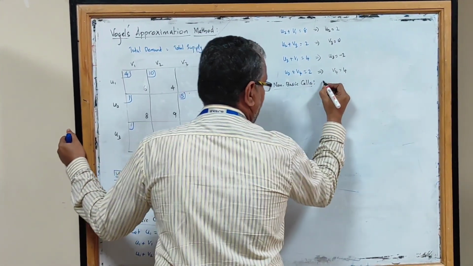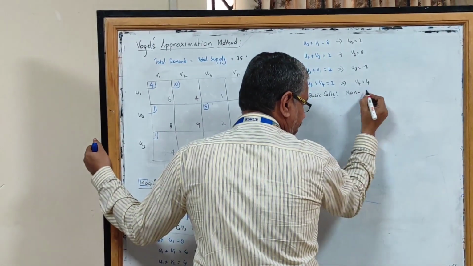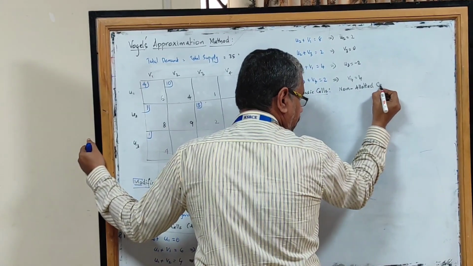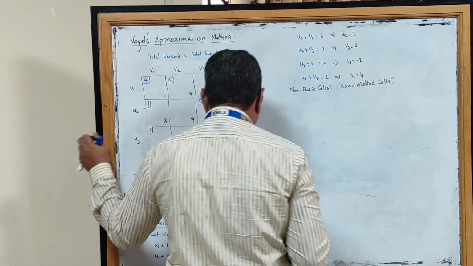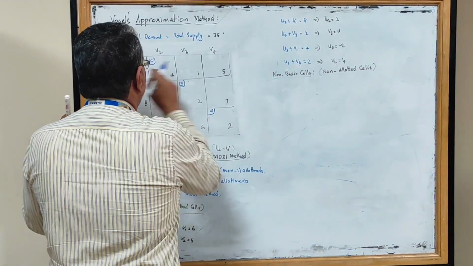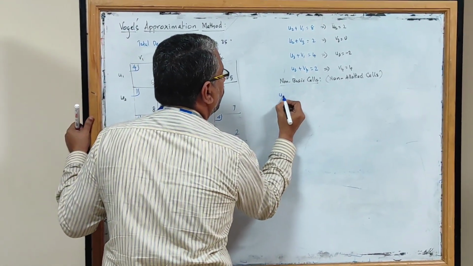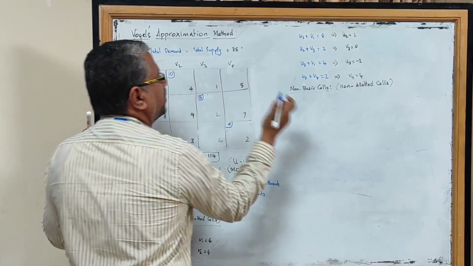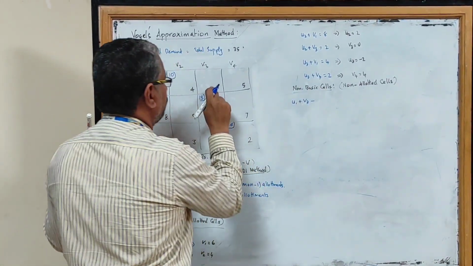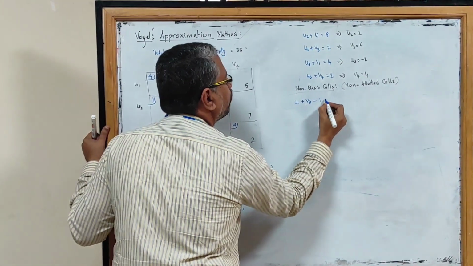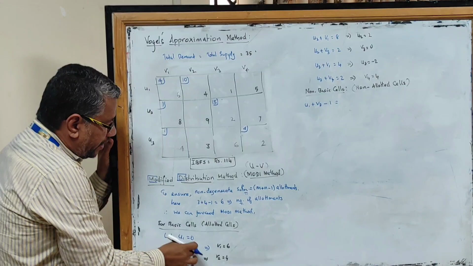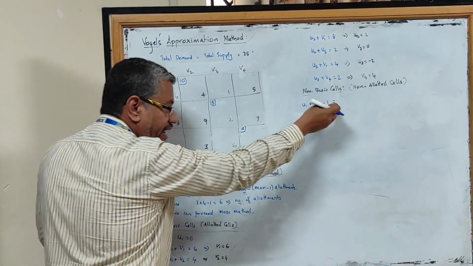What is a non-basic cell? Non-allotted cell. Now I will have to take the non-allotted cell. U1 plus V3 minus this value. In the basic cells, we have written the cost in the right hand side.